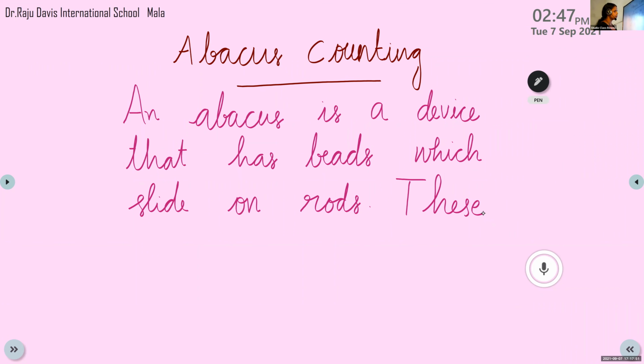These rods are called. What do we call these rods?